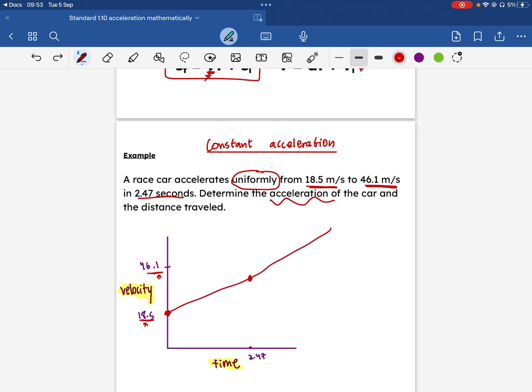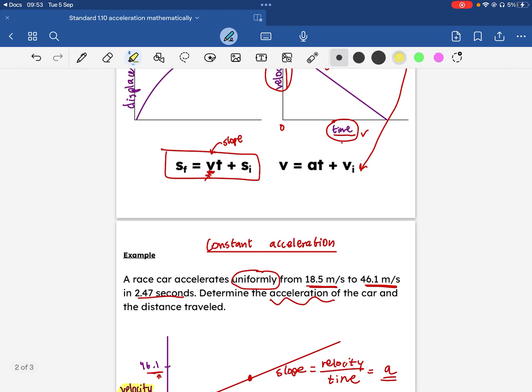So I could get a line here. And then if I found the slope of this line, that would be equal to the velocity over time, which is acceleration.